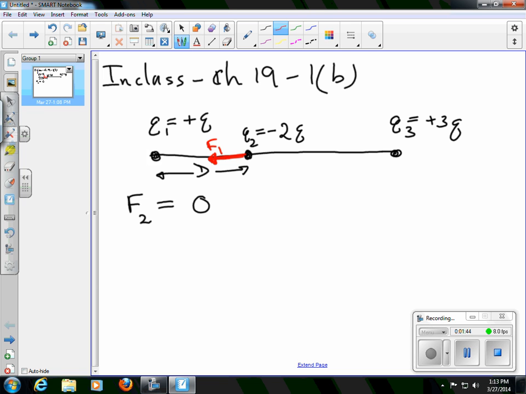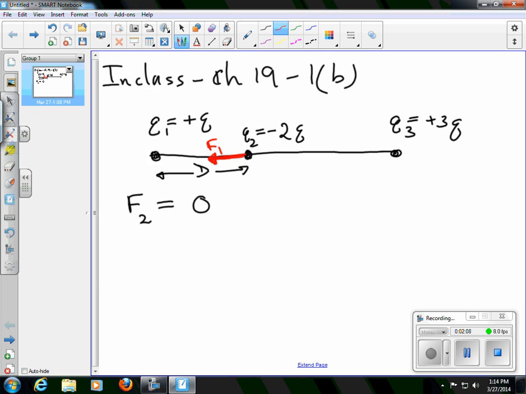And then the other one, force on Q2 from Q3. Do you see which direction it goes? Positive x or negative x?